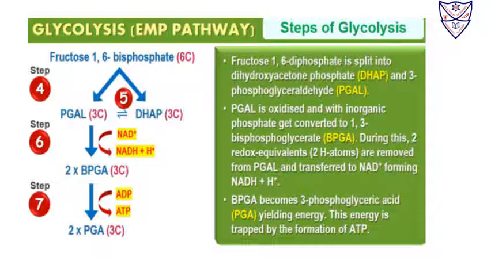So this bisphosphoglycerate then becomes 3-phosphoglyceric acid, which is also called PGA. This actually yields energy. As we can see, ATP is made here, right? So when this ATP is formed, energy is trapped in this process.